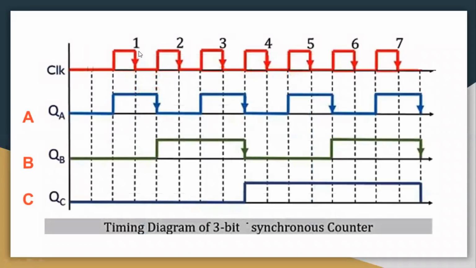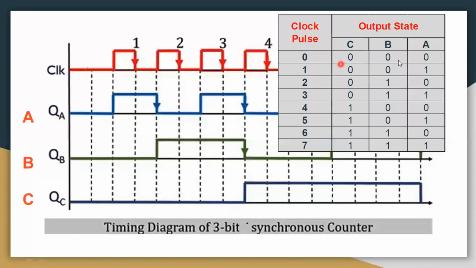This is the timing diagram of the synchronous counter, in which we have three outputs, QA, QB, QZ, denoted by A, B, C respectively. When we consider the clock pulses, for the first clock pulse, QA goes to high state. We can find it from the truth table.